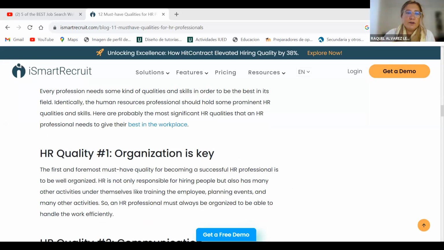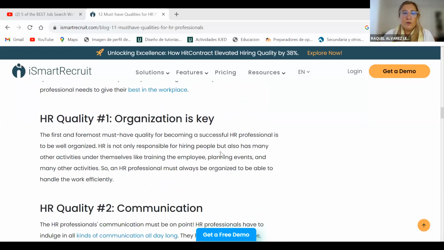Okay, so for example, when you are working in the responsibility of hiring people or looking for employees, etc., you have to be a very organized person, because organization is the key.